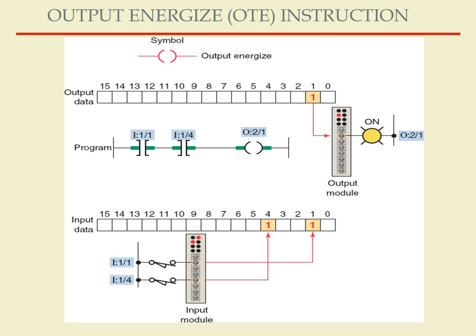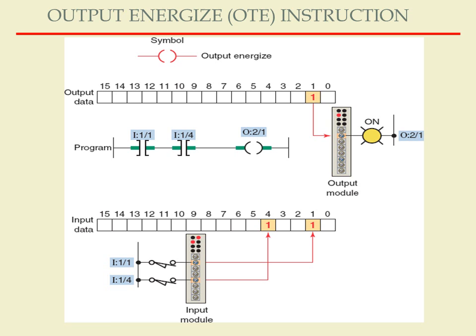Then here it is shown pictorially. When the bit stores 1, the LED glows, and it depends on the input conditions, that is the two switches connected to the input module. When the two switches have condition 0 0, output will be 0.